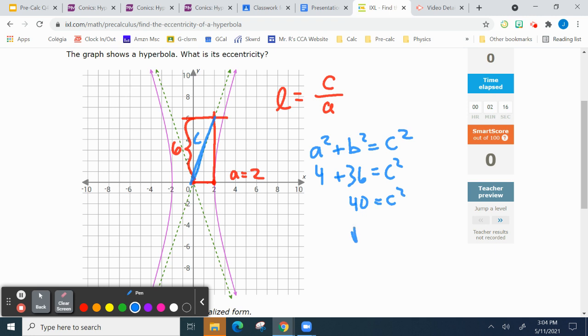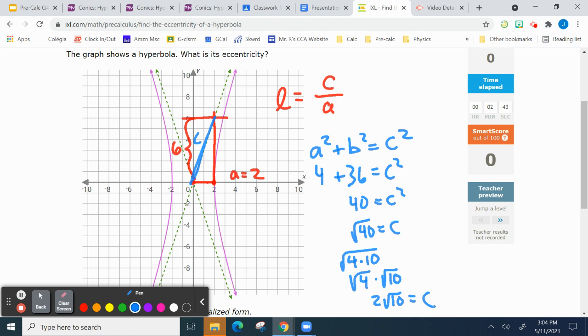So the square root of 40 equals C. But the square root of 40 can be reduced, because it's the square root of 4 times 10. So that's the square root of 4 times the square root of 10, which is 2 root 10. That's going to be our C, and it's not going to reduce any more than that.